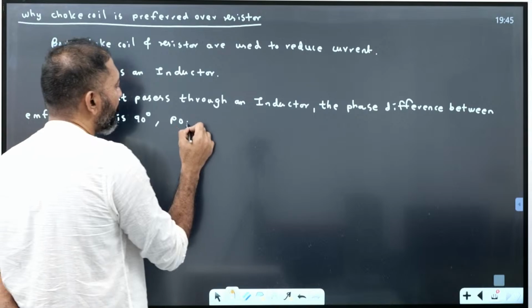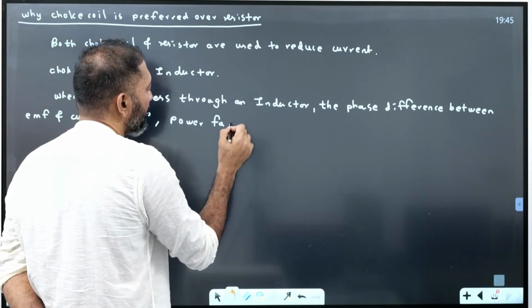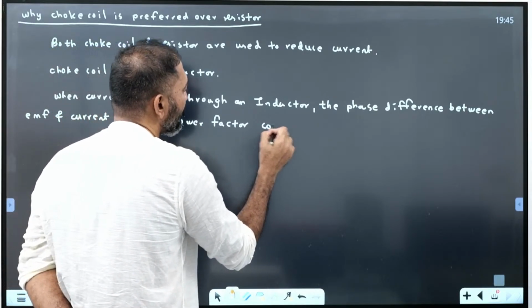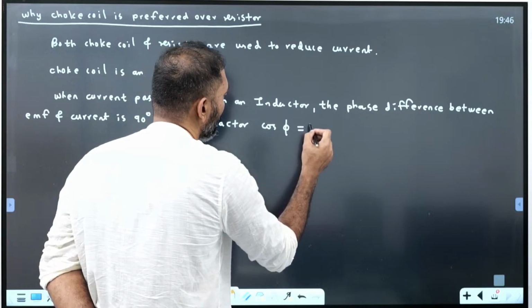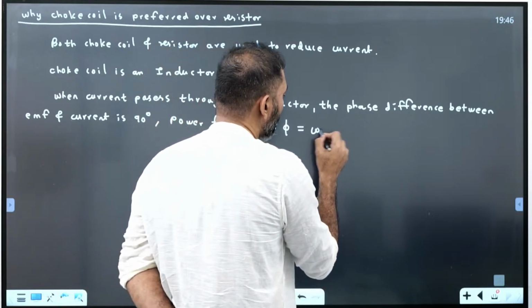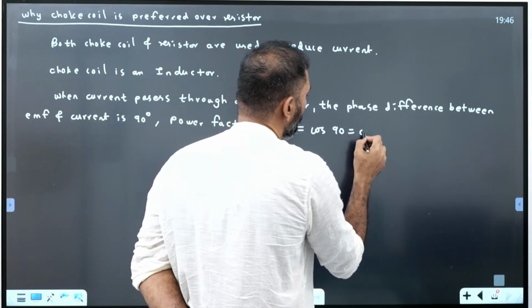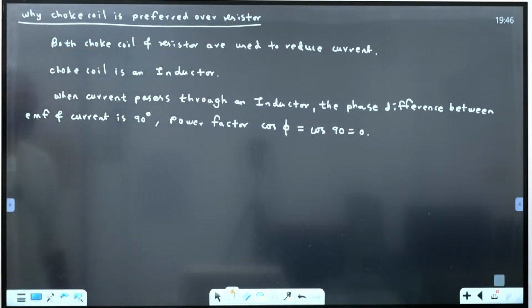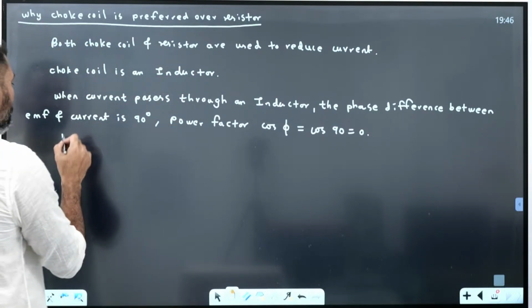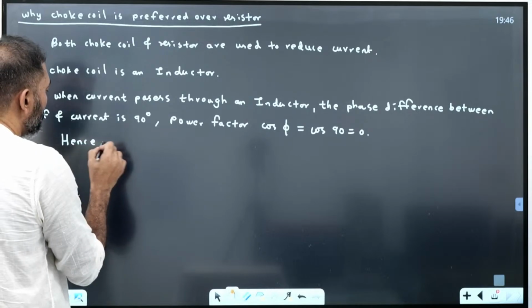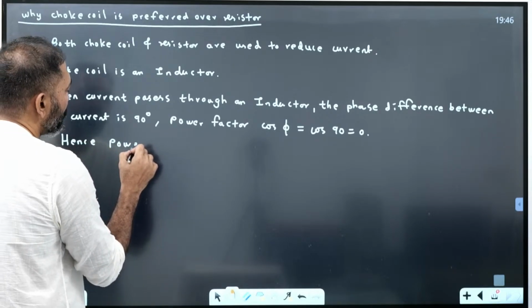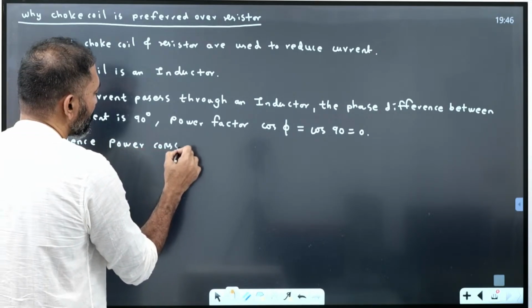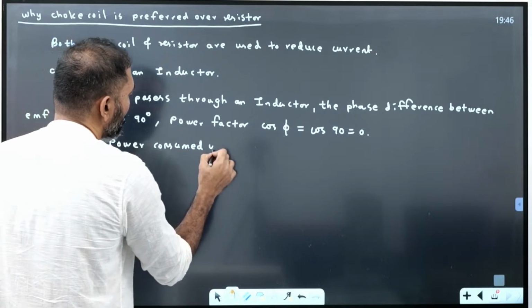So power factor cos phi is equal to cos 90 is equal to 0. Power factor cos phi is equal to cos 90 is equal to what? 0. Hence, power consumed will be 0.